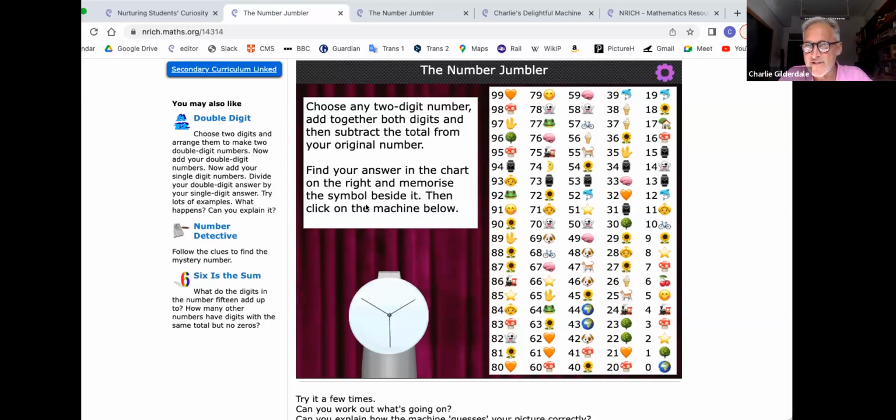Okay, choose a 2-digit number. We'll go a bit faster this time. Add together the 2 digits. Instead of 24, I'm going to choose 25 because that's still an easy sum. And then when you've added your 2 digits together, subtract that from your original number and look for your answer on the grid.